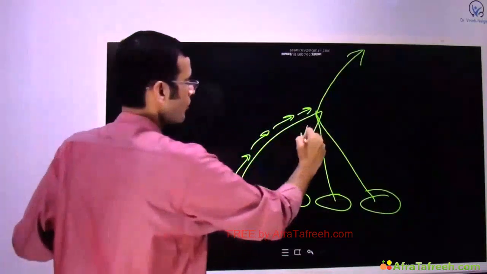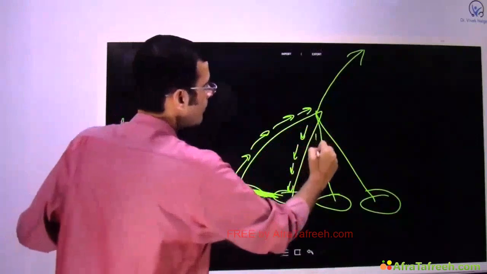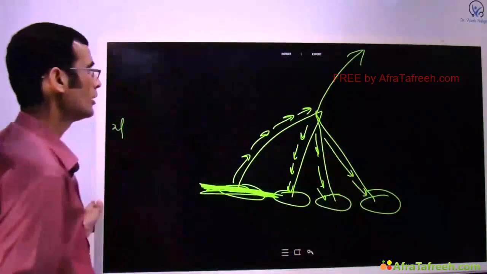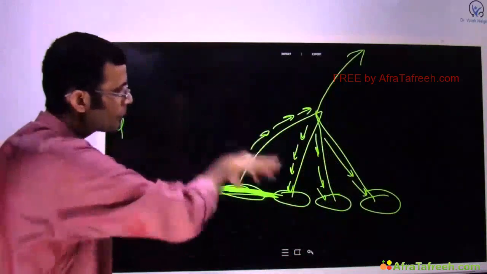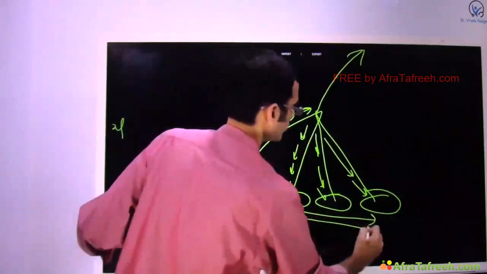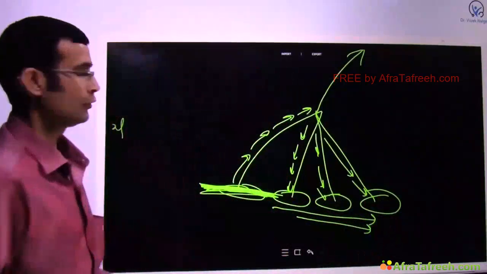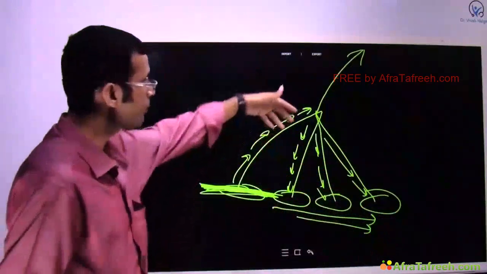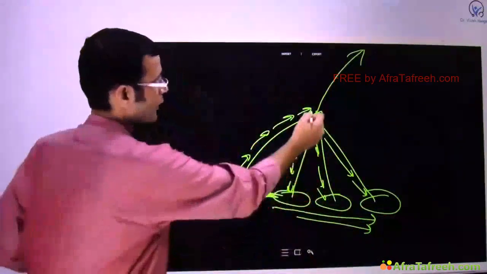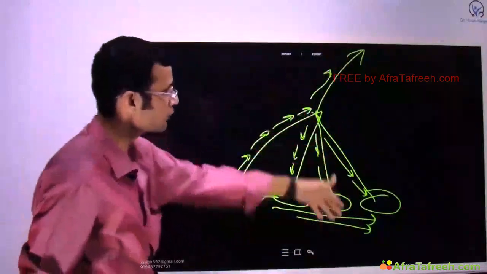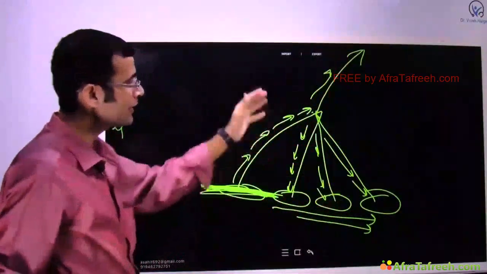From the branching point, the impulse goes down in the other branches of this neuron. And because the impulse is going in the other branches, there is flare up or spread. So flare is because of this kind of antidromic conduction. See, impulse is going down from the branching point. It will go to the CNS as well, but it is going down in the other branches. This is an antidromic conduction.